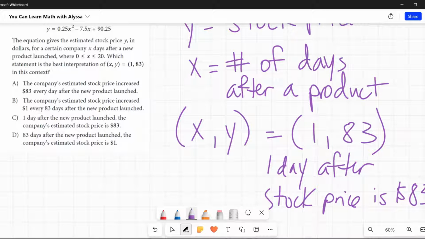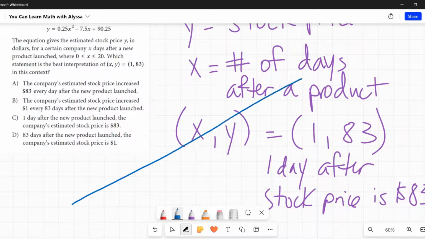B, the company's estimated stock price increased $1 every 83 days after the new product launched. Again, no, we haven't looked at the previous day or the next day. And another thing that makes both of these answers wrong is increasing $83 every day, increasing $1 every day. Those are linear increases, something that's going up in a straight line.